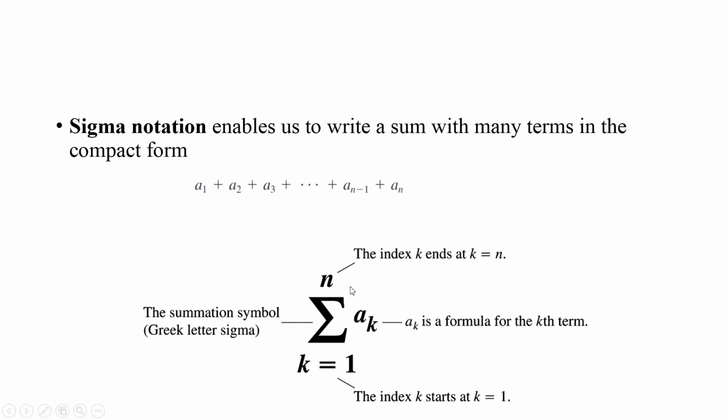This is the starting point of the index. So index k starts at k is equal to 1, and k is the index, and the index k ends at k is equal to n, and ak is the formula for the kth term of the given sum.